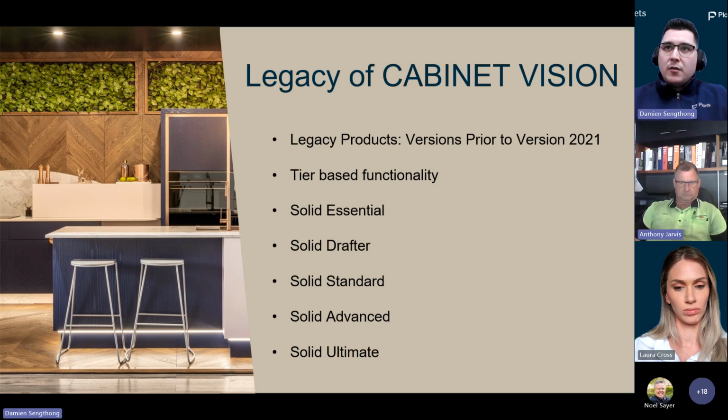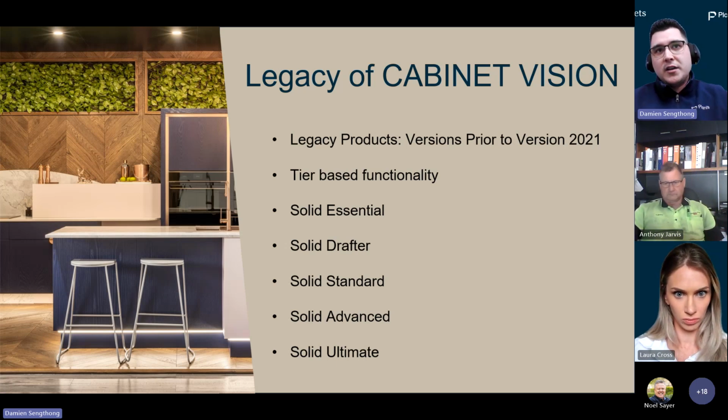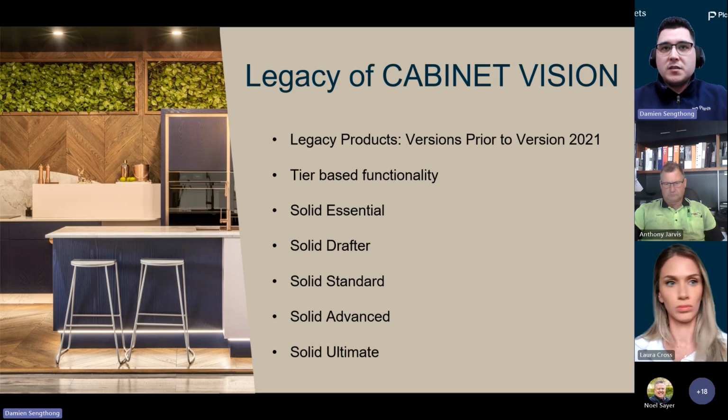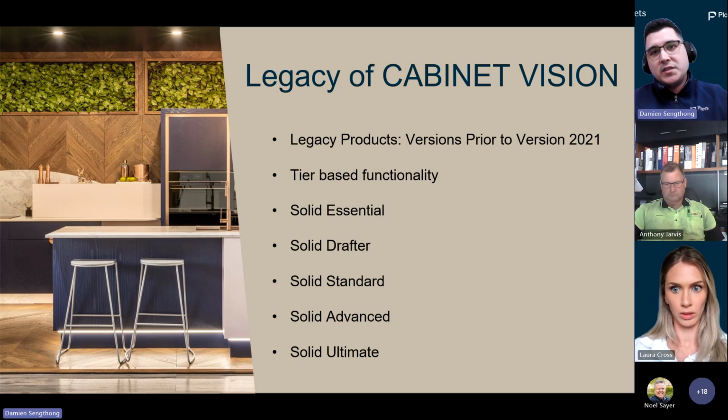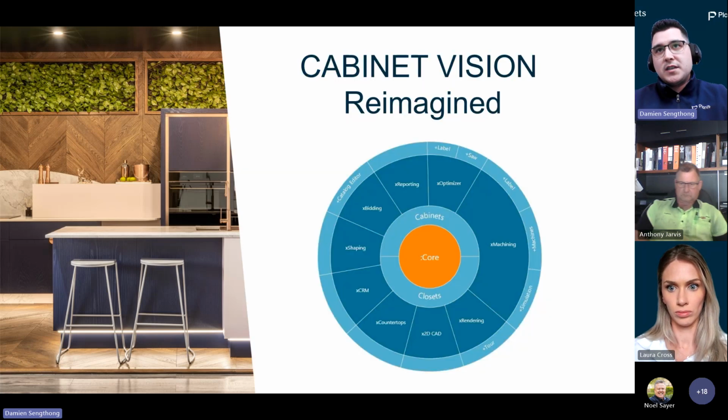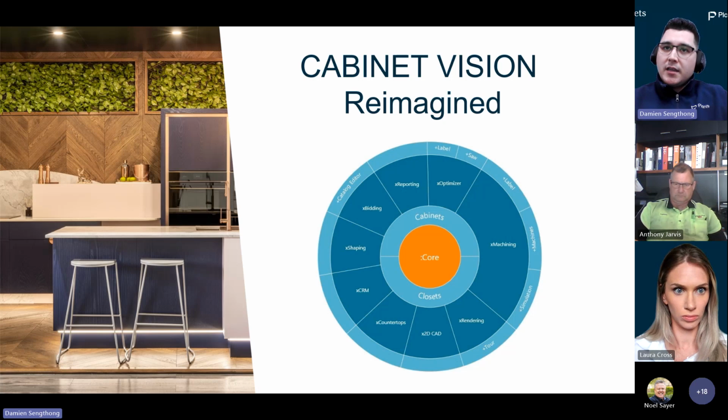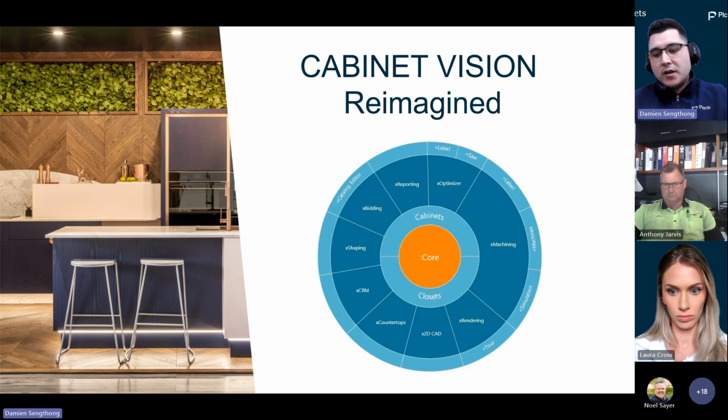From version 2021, Hexagon decided to revamp the product to make it more suitable to suit customers' processes. When they revamped it, they reintroduced it as Cabinet Vision Reimagined. What we see here is the full product wheel of Cabinet Vision itself.